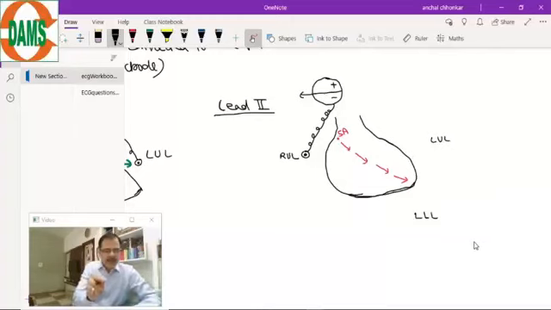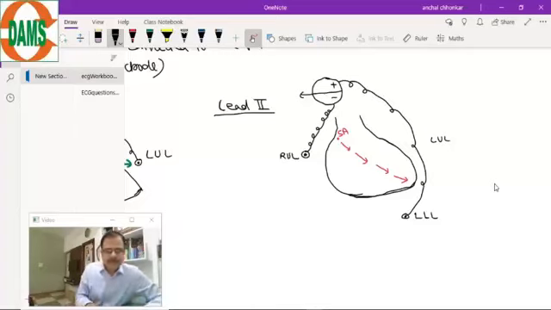So the right upper limb becomes the reference electrode for lead 2. And from the left lower leg, we will take another wire and connect it to the positive pole. Like this, this becomes lead 2.